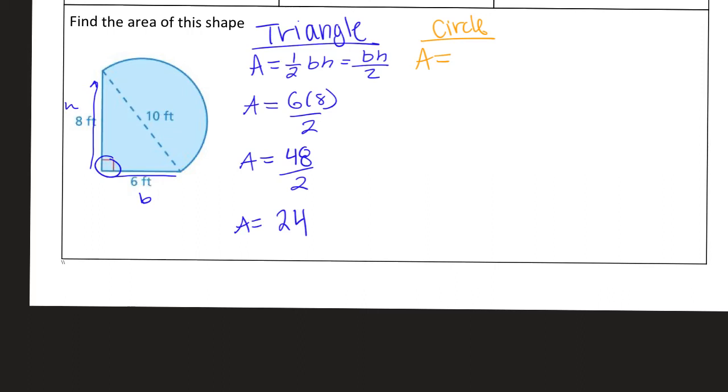Okay, area is pi times the radius squared. So if I look over here, this little line is my diameter, but I need the radius. If the whole way across is 10, that means halfway across is, yep, you got it, it's 5. So instead of radius, I'm going to put 5.